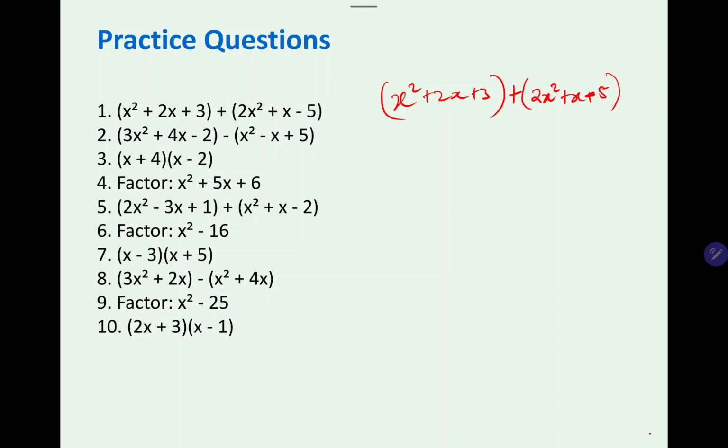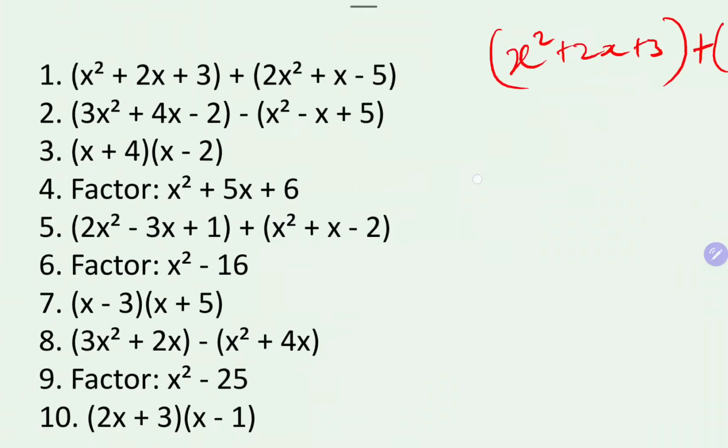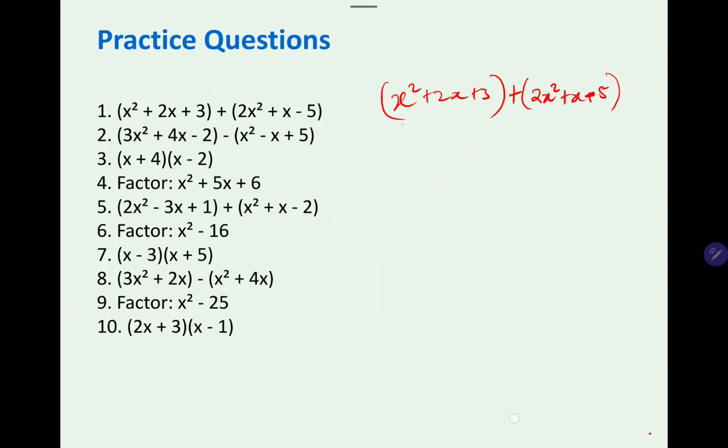So like I said, take the matching terms in addition. So this becomes x squared plus 2x squared. Then the next thing is plus 2x plus x. Then plus 3 minus 5.